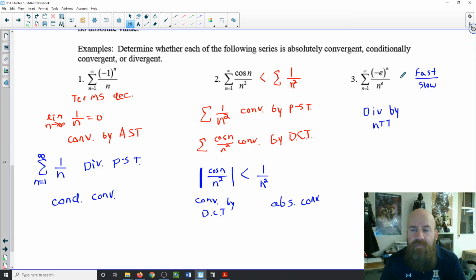So we have the limit as n approaches infinity, which is infinity. So this diverges. There's no need to do the absolute value of the original because this diverges. So there's no way it's going to converge with the absolute value either.